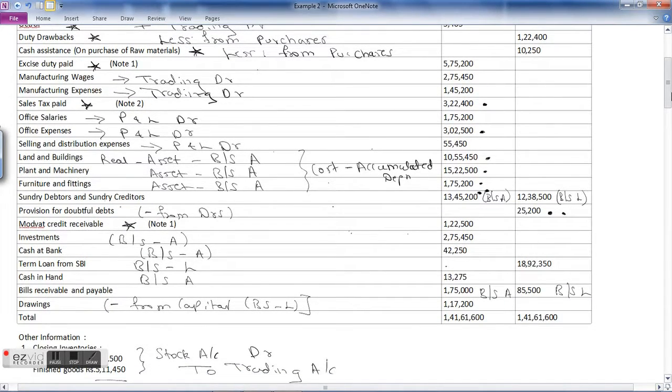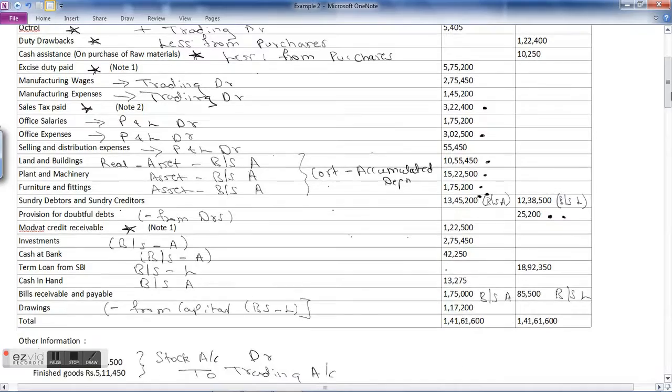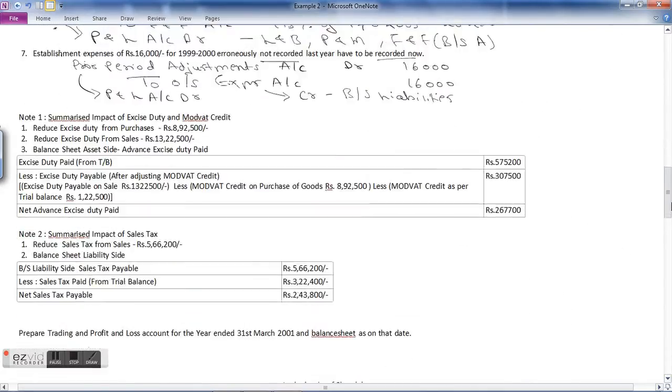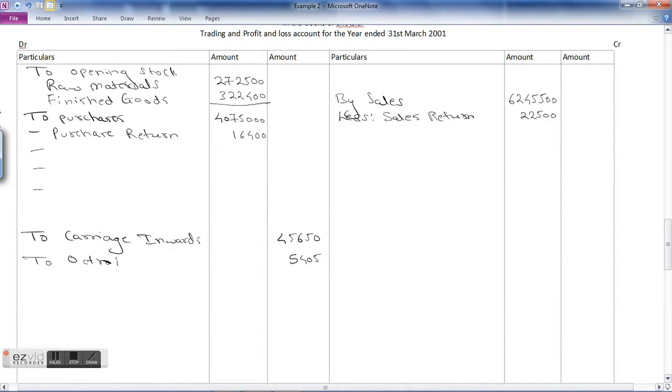Okay, then the next one, duty drawbacks less from purchases, cash assistance less from purchases. So how much is duty drawbacks? 1,22,400. Cash assistance less from purchases 10,250. So duty drawback, and we'll reduce it from purchases here.